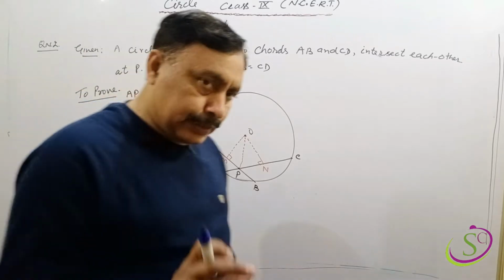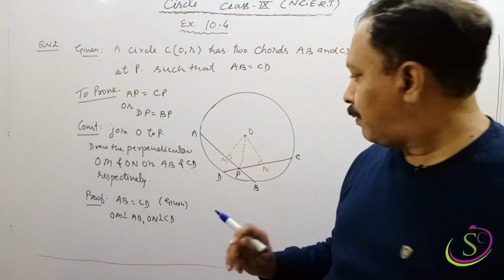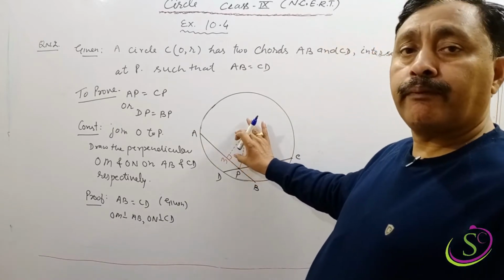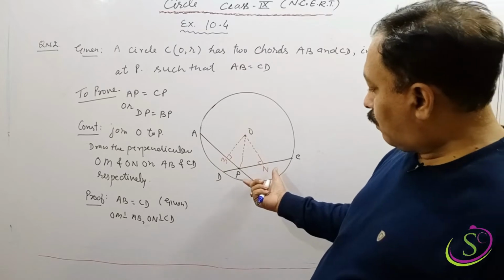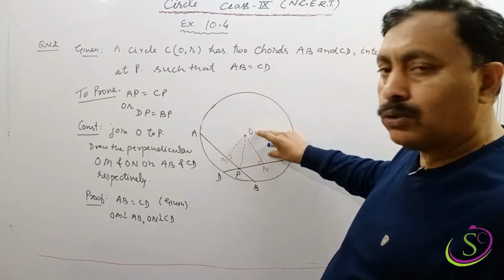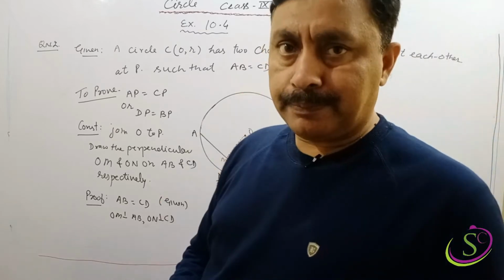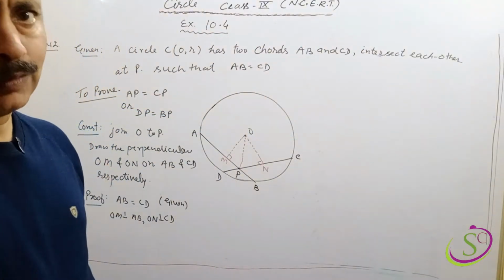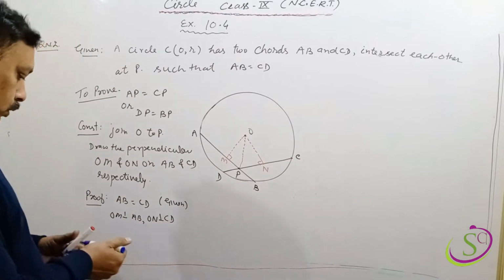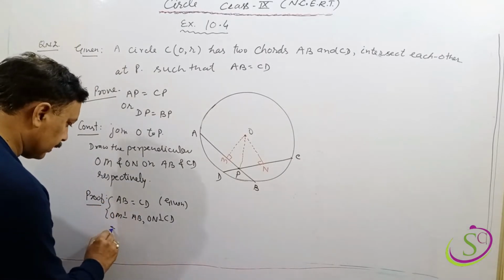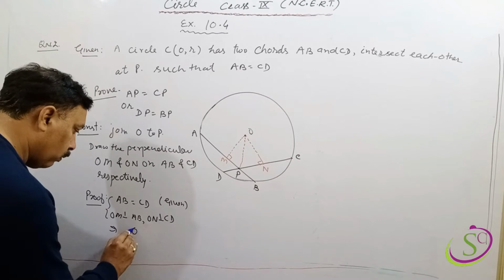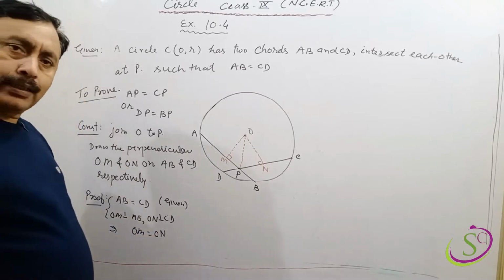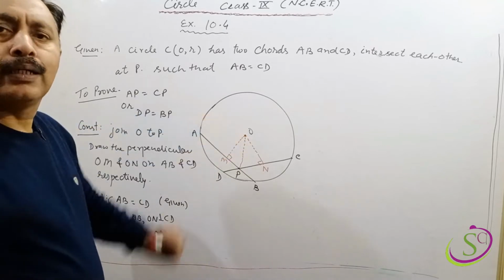Means the distance of the chord AB from the center O is OM, and the distance of chord CD from O is ON. And we know that equal chords have equal distances from the center. So from this we can say that OM equal to ON. Means these two are equal.